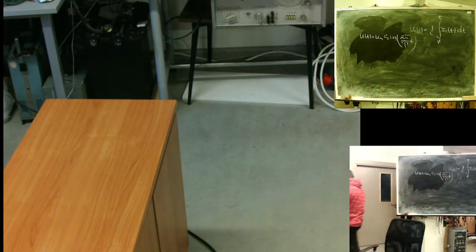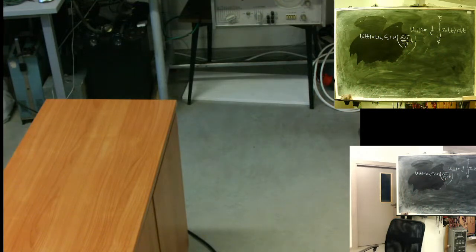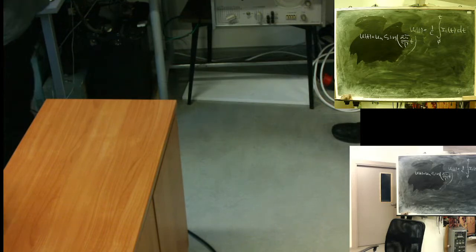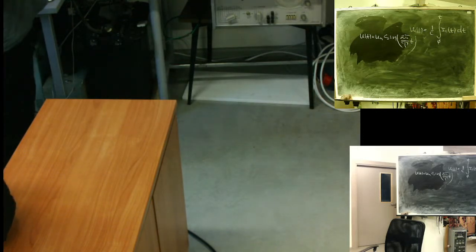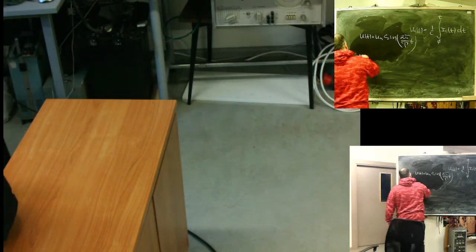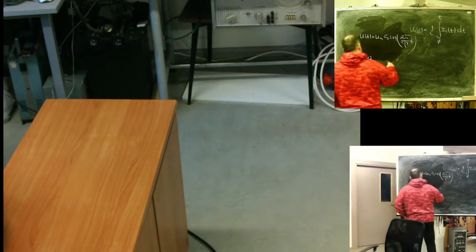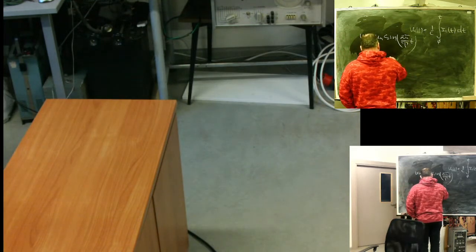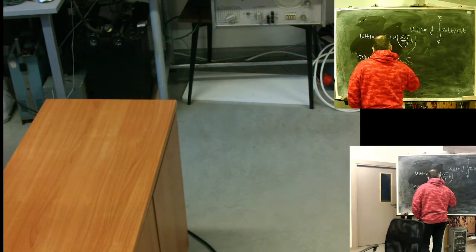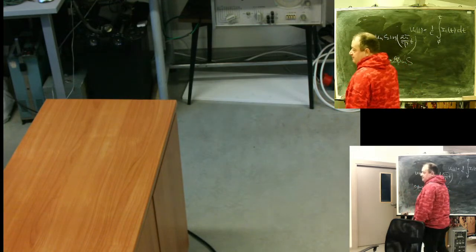The period, capital T, is clear, from this point to this. The distance for a 50 hertz network, capital T, is 20 milliseconds.